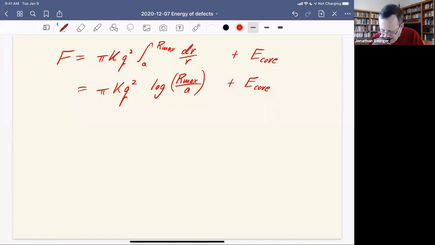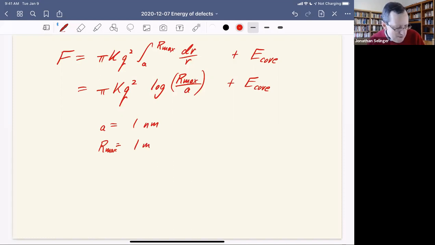In the text, I did some examples. What if a is 1 nanometer and the system size R max is 1 meter?